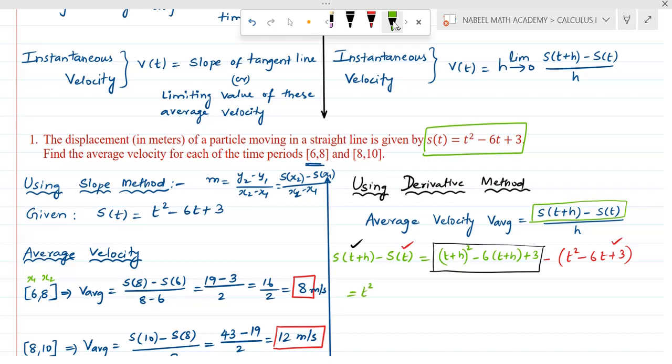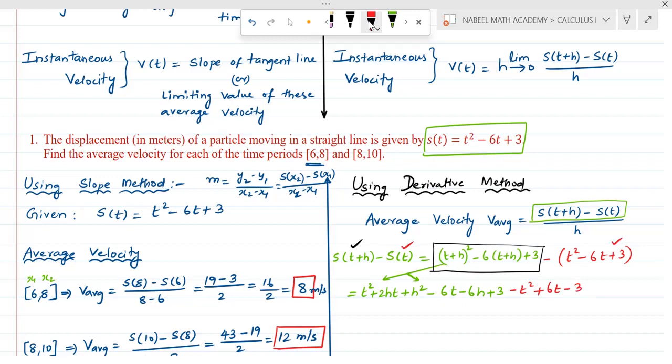So we will have here the square root of t square plus 2ht plus h square, minus the 6 multiplied inside: minus 6t minus 6h plus 3. Multiply the minus and you will get minus t square plus 6t minus 3.